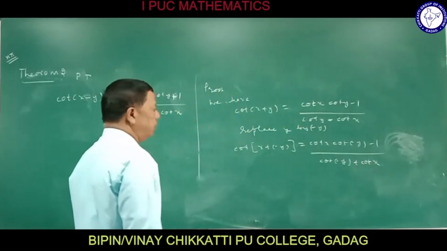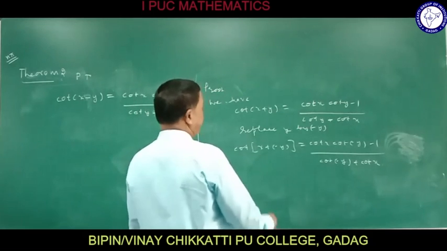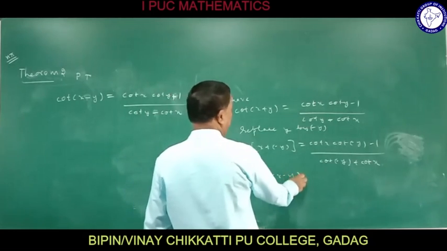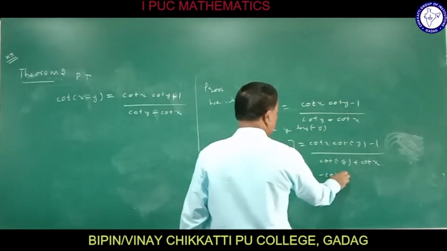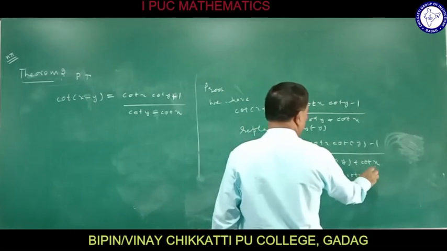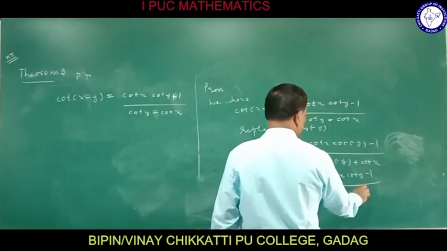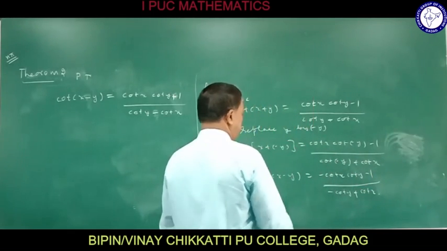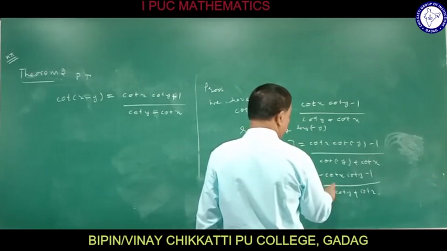So what you can understand here, that result gives cot of x minus y. Cot of minus y is minus cot y, so we get minus cot x cot y minus 1 divided by minus cot y plus cot x. And here to find out, multiply numerator and denominator by minus sign.